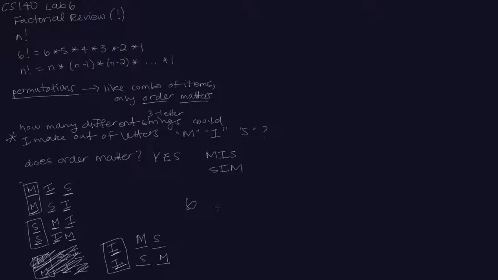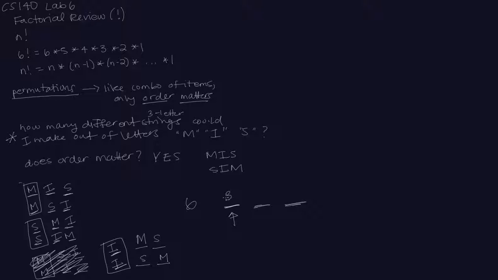Six. So as you increase the number of letters here, you're going to have a lot harder time writing this out. So what's an easier way to calculate this? We'll take a look at the number of blanks that we have to create 3-letter words. When I'm looking at the first letter, I have 3 choices for that first letter.